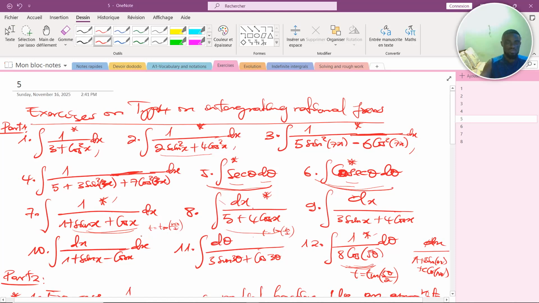You get what I'm saying? So try to do these integrals. They are very simple. Same thing here: the substitution will be t equal to tan of nx divided by 2, because it is of this form. So I'll have 3 theta divided by 2. Is that okay? So try to do all of these exercises before the next video.